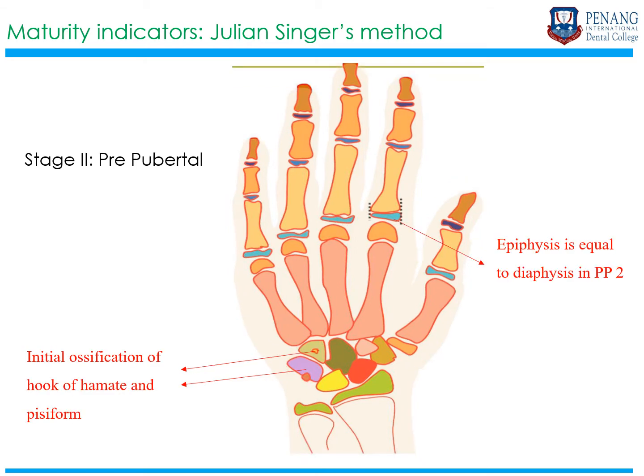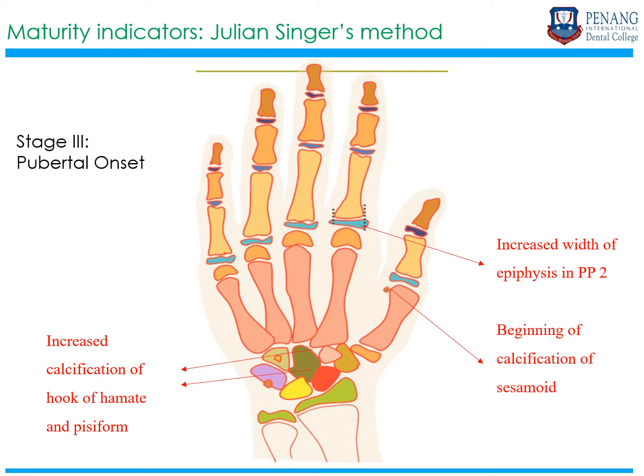Stage 2 is pre-pubertal. Here there are 2 things happening. One is the initial ossification of the hook of hamate and pisiform has started, and there is also epiphysis and diaphysis are of equal width and length in the proximal phalanx of the second finger.